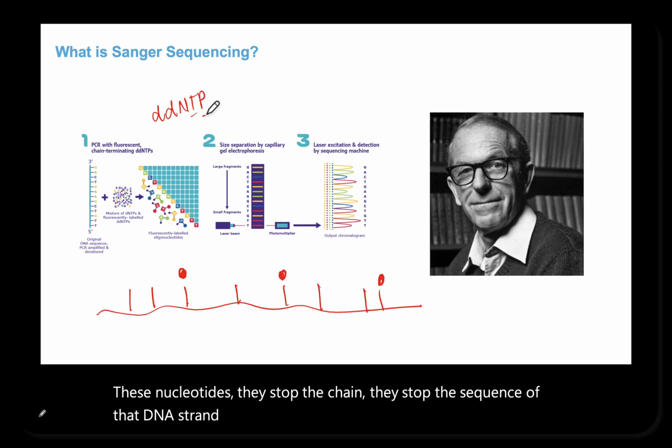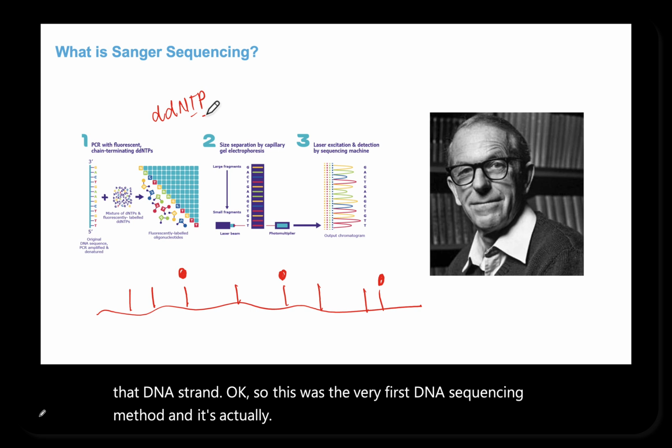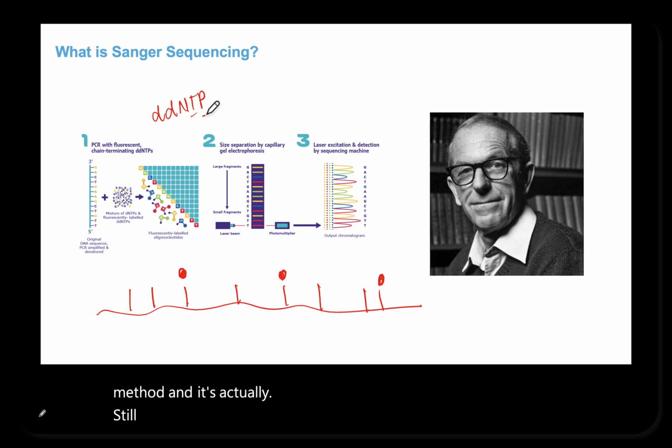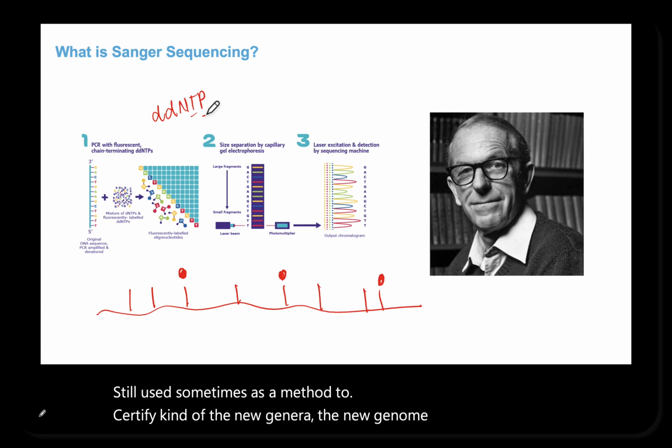Okay, so this was the very first DNA sequencing method, and it's actually still used sometimes as a method to certify kind of the new genome sequencing methods that we have.